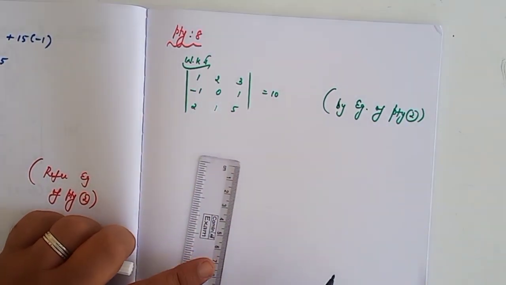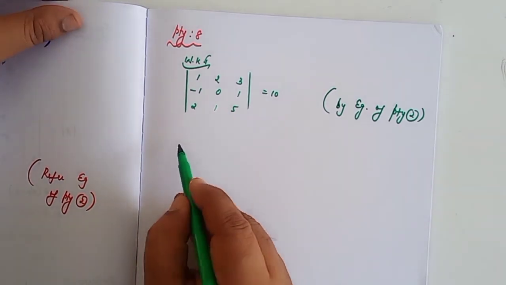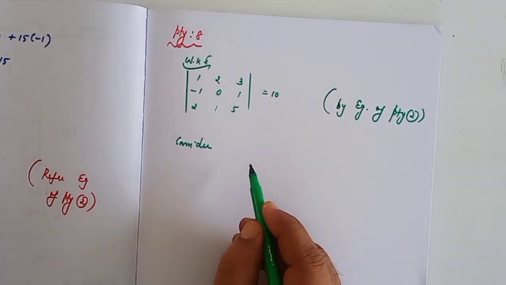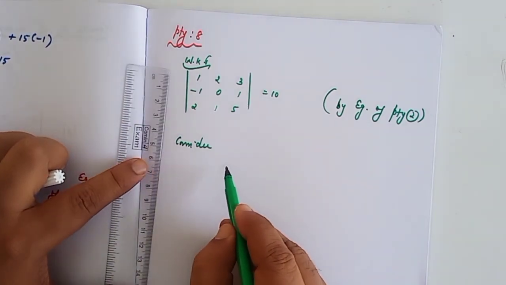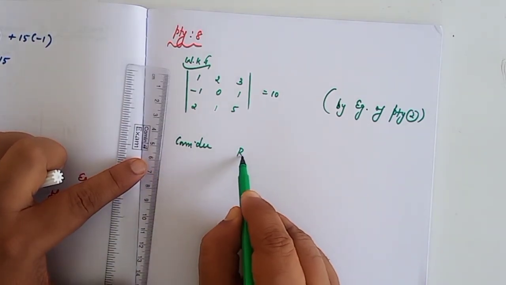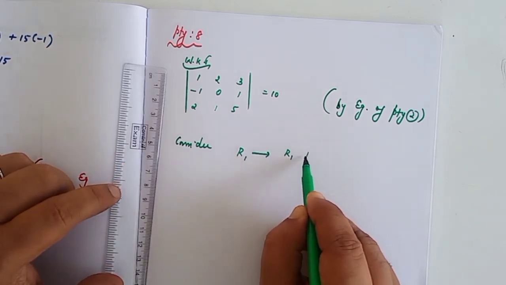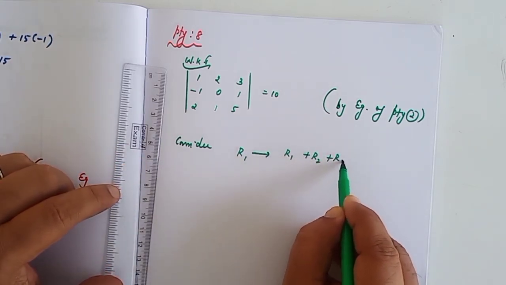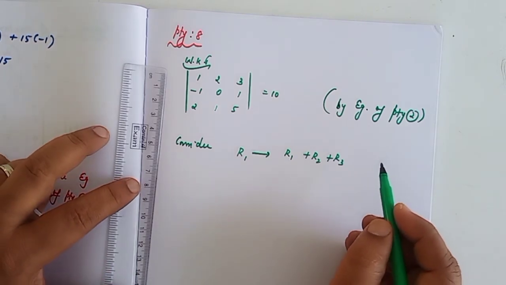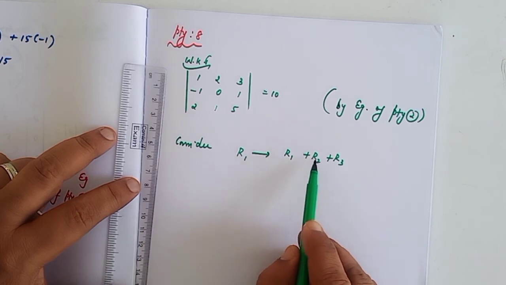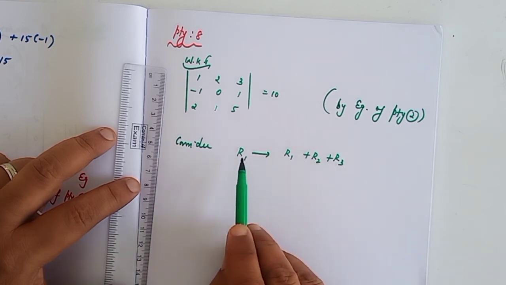Now consider that R1 implies R1 plus R2 plus R3. In this determinant, I am adding R1, R2 and R3, I am writing in same R1.